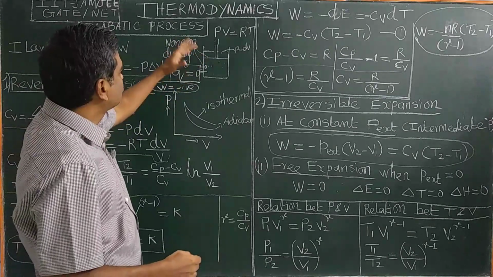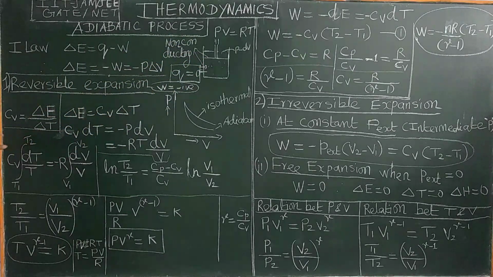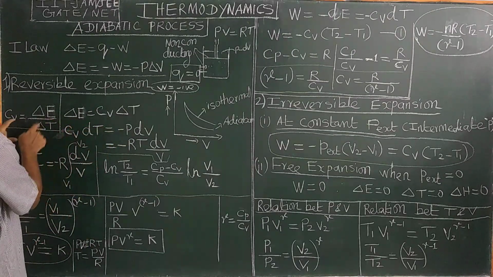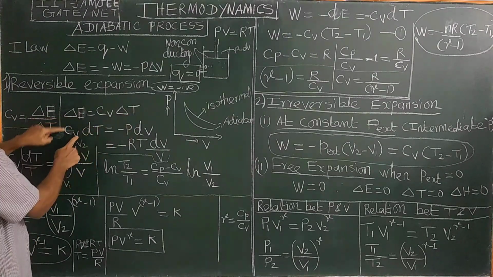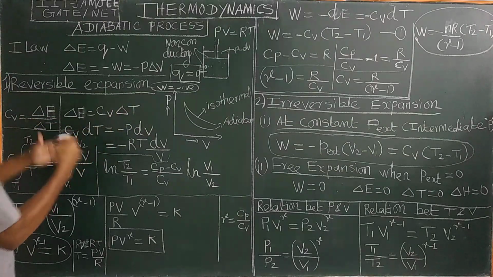Now, as you know, CV, the molar heat capacity at constant volume, is equal to delta E by delta T. I have explained this in the previous video. Therefore, delta E equal to CV delta T, and CV dT for an infinitesimal change.